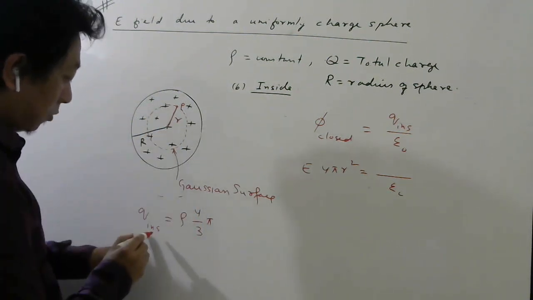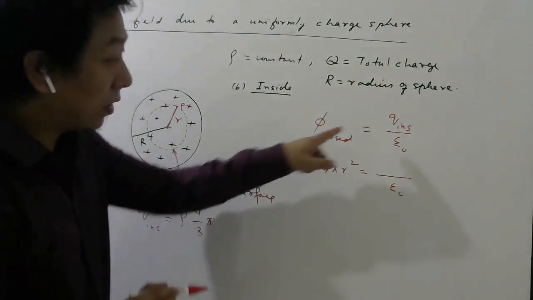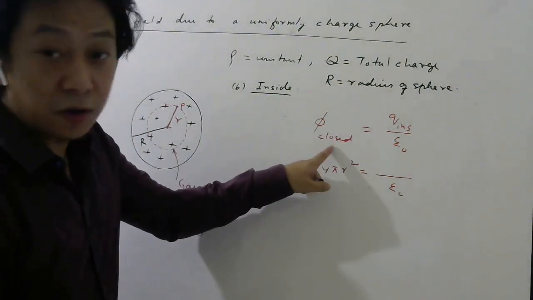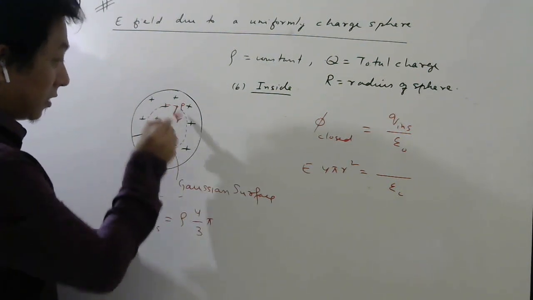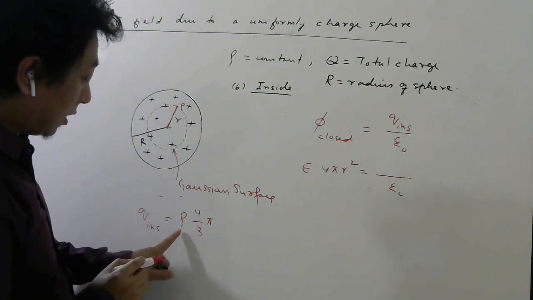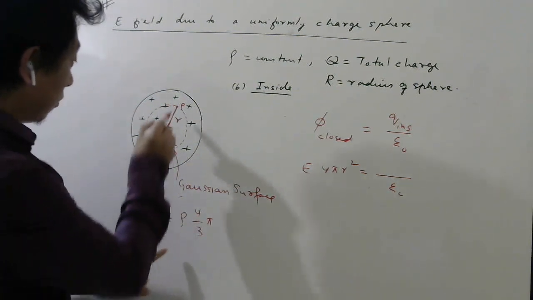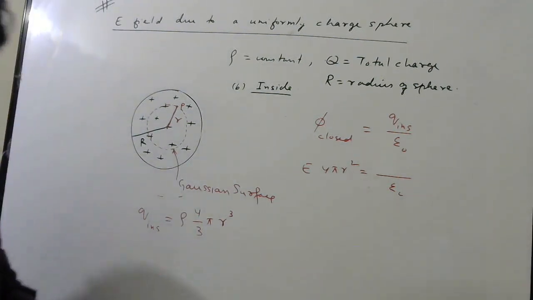We want to know charge inside the Gaussian surface. Remember, in Gauss law, we have to write charge inside the closed surface. The closed surface is this red surface. So we need charge inside this. So what will I do? I will multiply density with volume. What is the volume of this sphere? 4 by 3 pi small r cube. Don't write capital R cube.